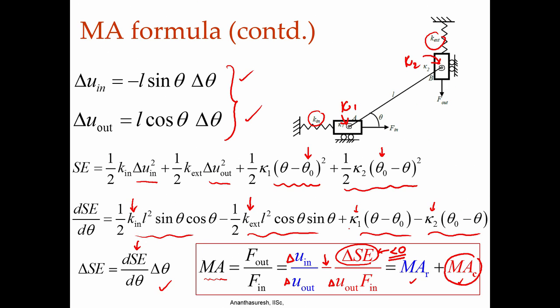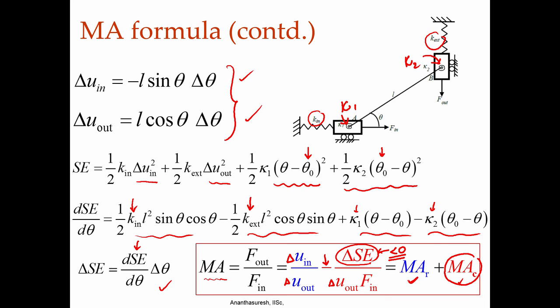Overall we have to see how they have all become positive or negative, but at least it gives a hope that for some parameters of k in, k external, kappa 1, kappa 2, you can make delta SE negative for part of the motion of this device. If you do that, you get a mechanical advantage that is actually more than the kinematic part, or what we call the rigid part. Okay, that is the idea.